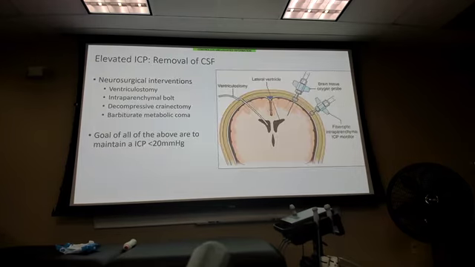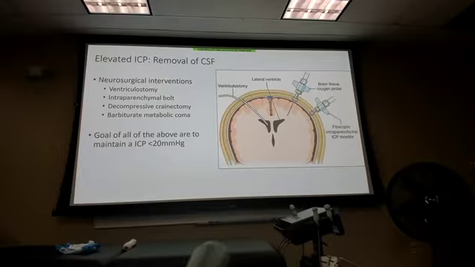When we're talking about removal of CSF, now we're talking about intracranial pressure where we've already done everything else. We've already given the hypertonic saline, sodium is up already, and the last thing we can do is decrease that CSF volume to try to bring down the intracranial pressure. So we have the EVD.